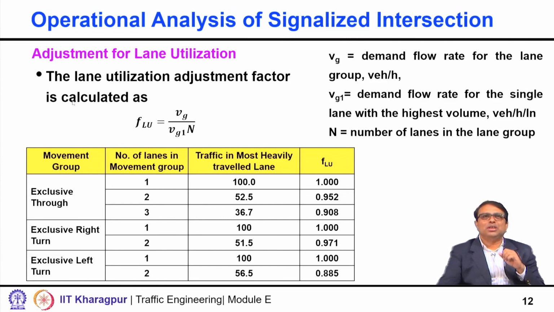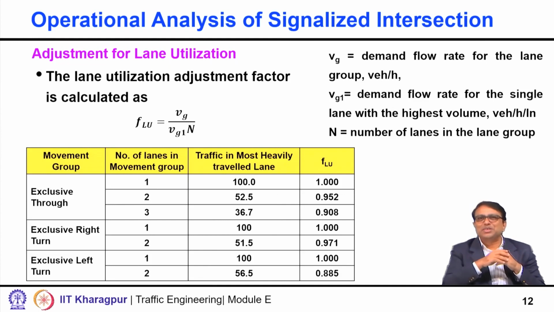The lane utilization adjustment factor is the demand flow rate for the lane group Vg, that means the total demand for the lane group, divided by the demand flow rate for the single lane with the highest volume. In that lane group multiple lanes are there, so the lane having the highest demand flow rate is multiplied by the number of lanes.